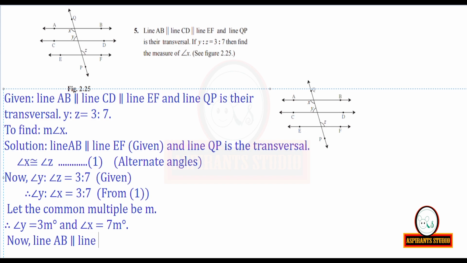Now look at the figure. We have taken line AB parallel to line CD and line QP to be the transversal.